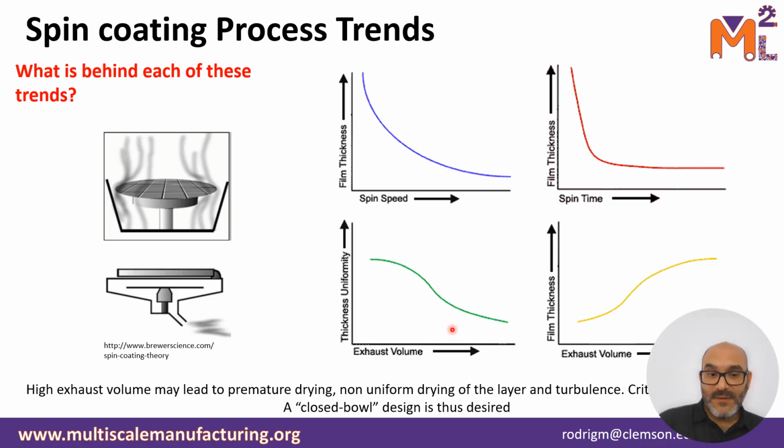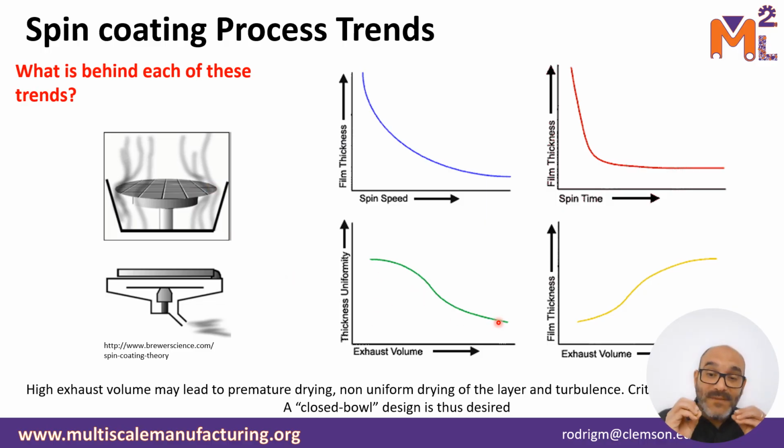The implications of that you can see here in this green curve. You have the thickness uniformity on the y-axis and the exhaust volume on the x-axis. As you start increasing the exhaust volume, meaning that you go a little more toward an open bowl design, the uniformity will start decreasing.